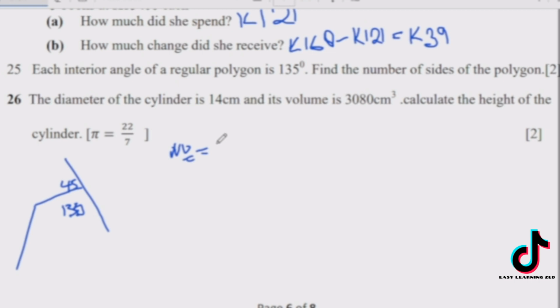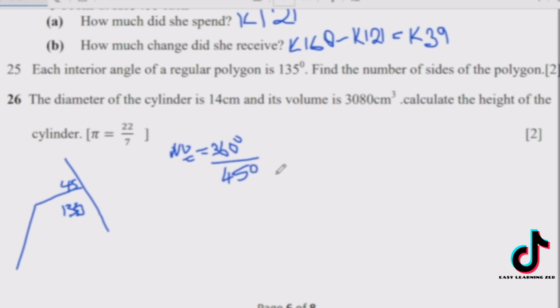We know that the total sum of exterior angles, regardless of the number of sides, is equal to 360 degrees. That is the sum of exterior angles of any polygon. Now divide by 45 degrees, which is the size of each exterior angle.